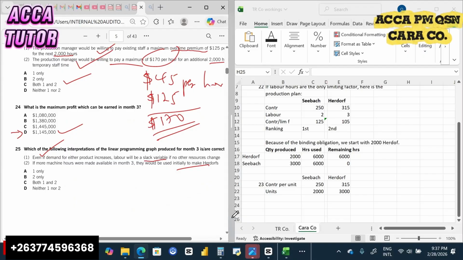We can't make head-offs in this situation, because the demand for head-offs has already been met, and we can't increase demand just because we have found extra machine hours. They are not related events. Is that clear? So 2 is wrong. So our answer is A. This is the answer.